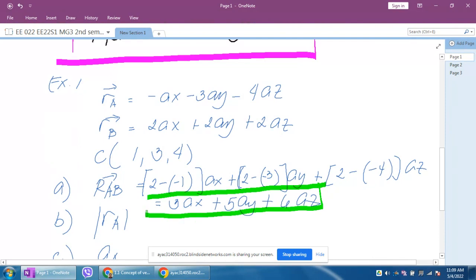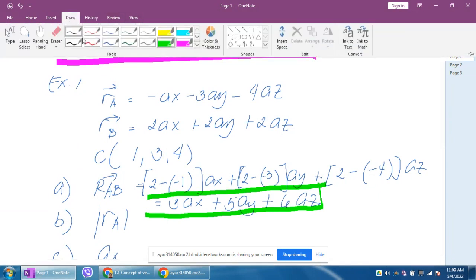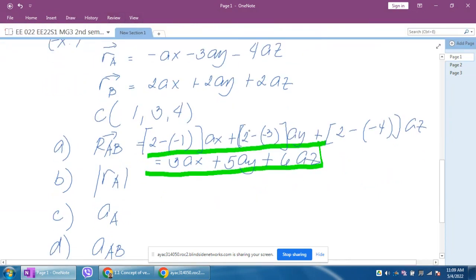Okay? What about the magnitude of RA? So binigay ko po sa inyo kanina yung formula for solving for the magnitude. So ang magnitude po natin, this is equal to the square root of negative 1 square plus negative 3 square plus negative 4 square.